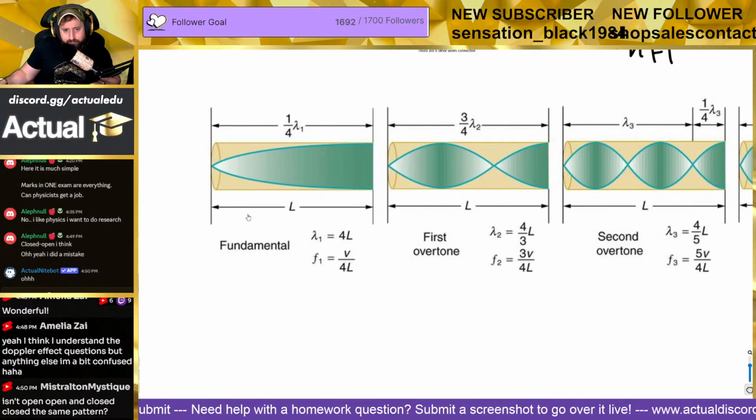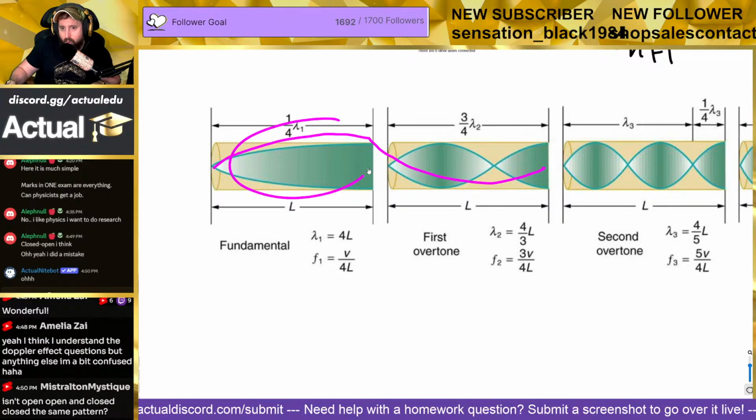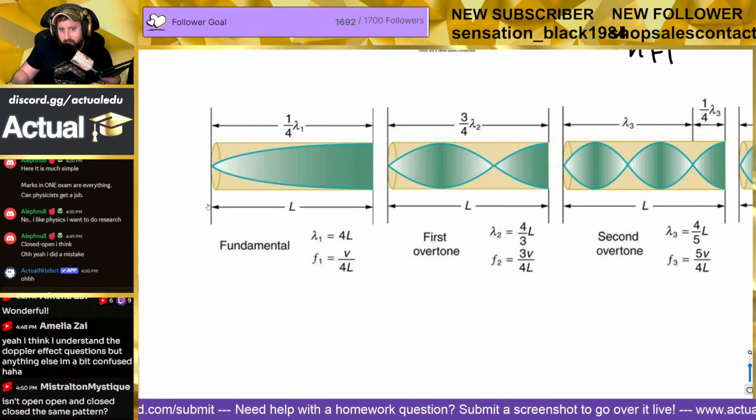And that's because this side is fixed. So this is a node, and this is open, so this has to meet at the boundaries of the opening of the walls. And so these are antinodes. And when that happens, you have a quarter of a wavelength that is the distance L. And if a quarter of a wavelength is L, that means a full wavelength is now 4L.